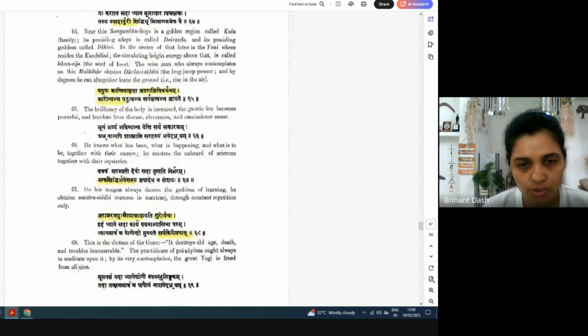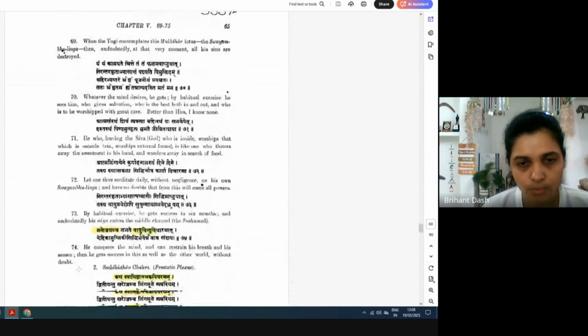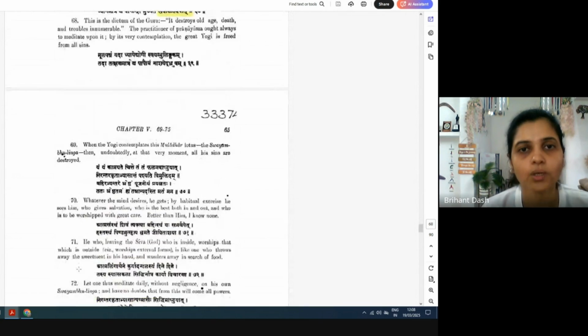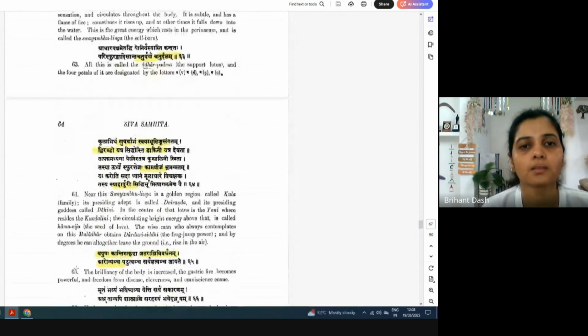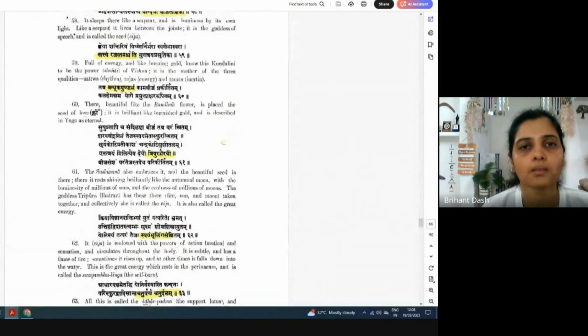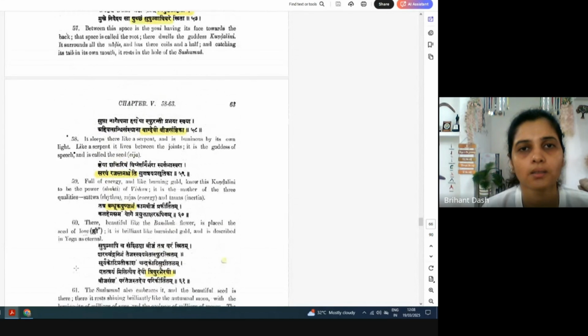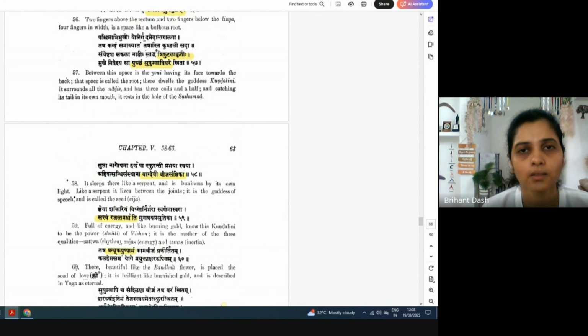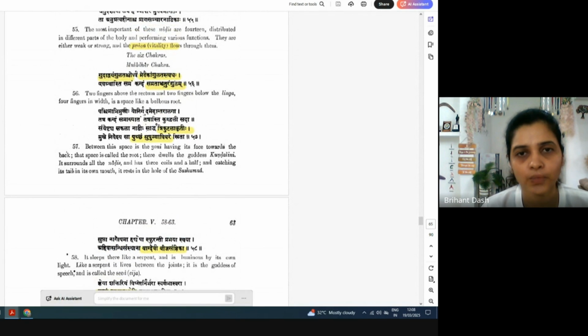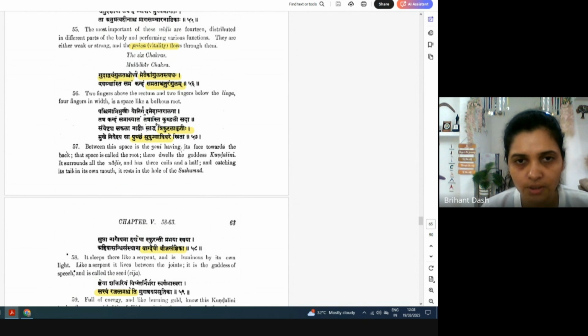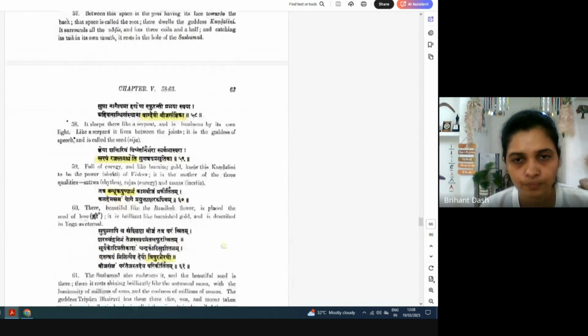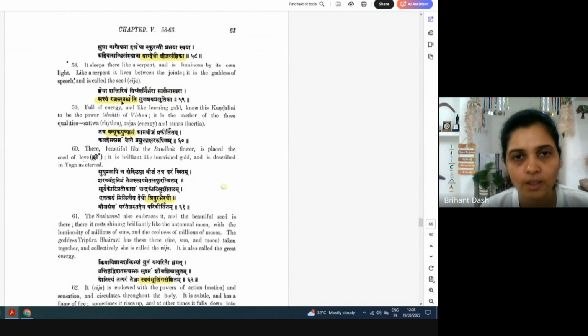Where did I reach? It is Mooladhara. This is Swadhisthana. Here, this is your Mooladhara Chakra, where your Kundalini lies in the serpent shape with 3.5 turns. This we covered.